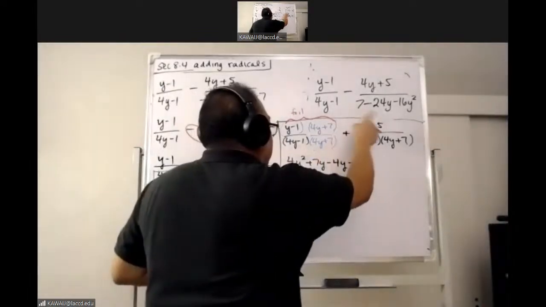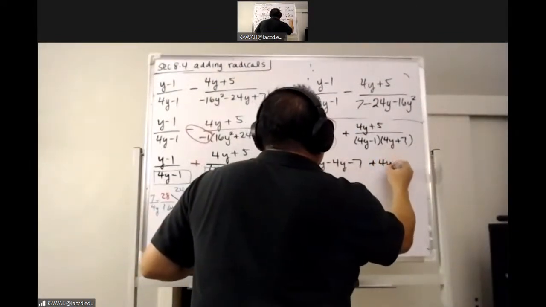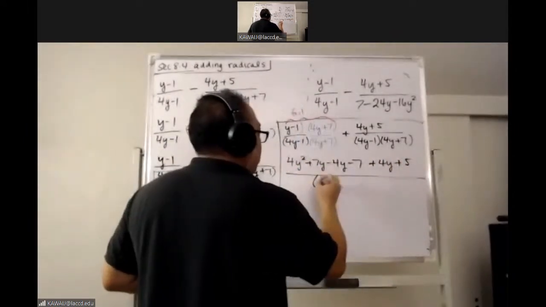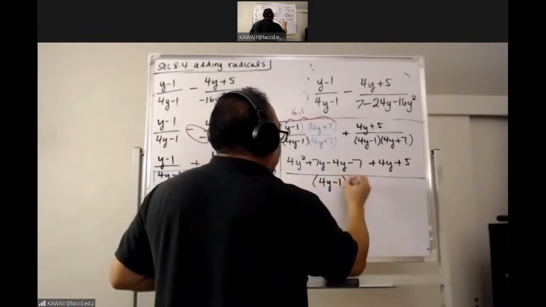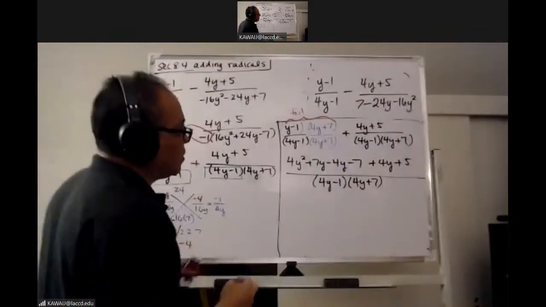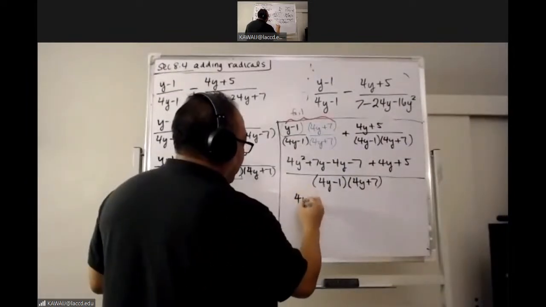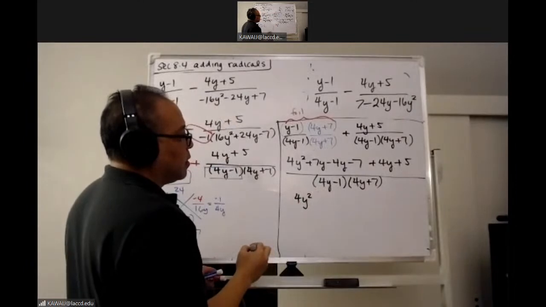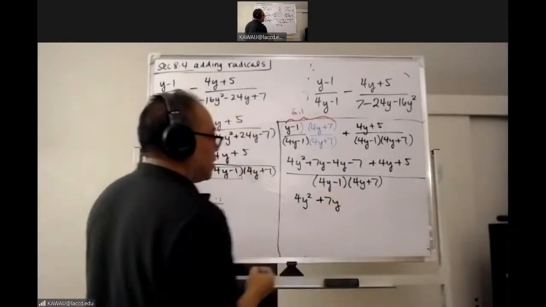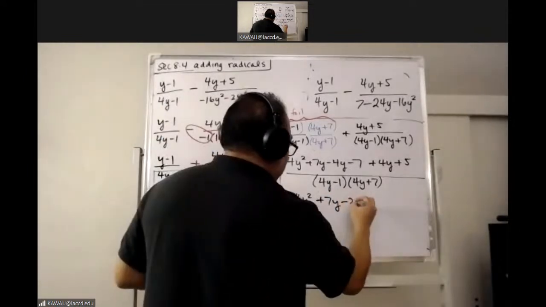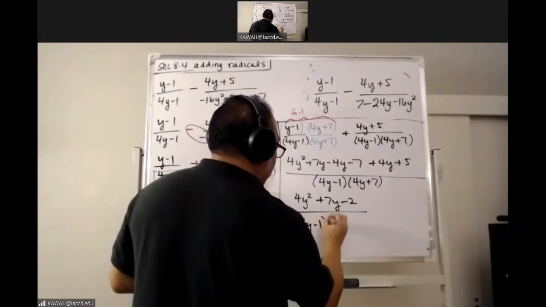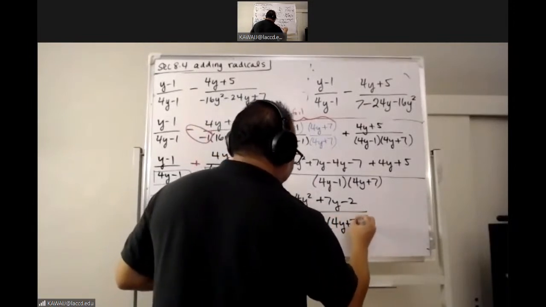And then this is a plus, so I don't have to distribute anything. 4y plus 5 all over 4y minus 1, 4y plus 7. So this turns into 4y squared plus 7y minus 2 over 4y minus 1, 4y plus 7.